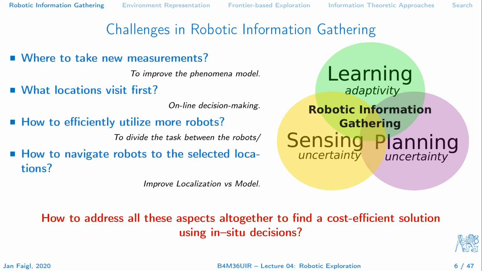The main challenge is that we need to address all these aspects together, probably in a cost-efficient solution and with in situ decisions, so that we may not rely on existing communication to some cloud service or so in general.